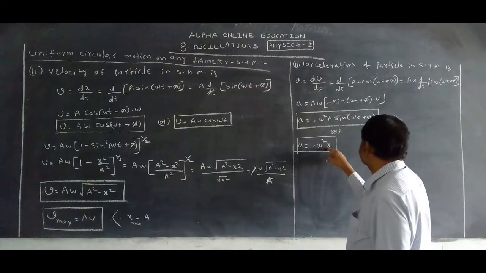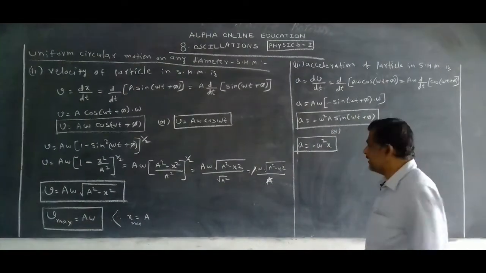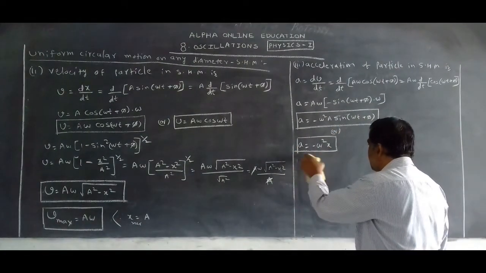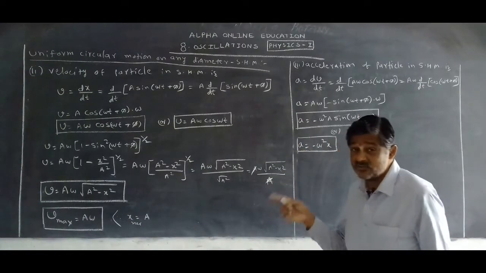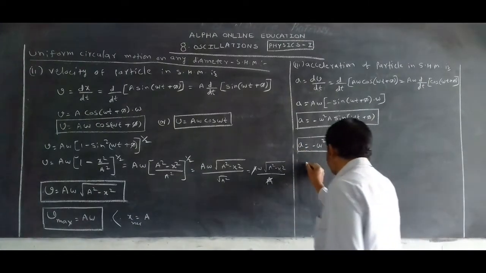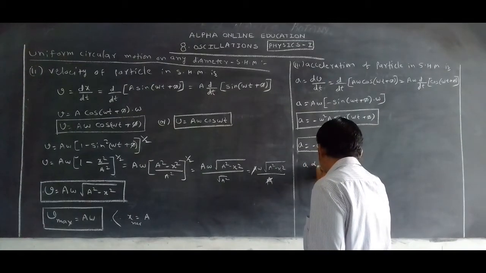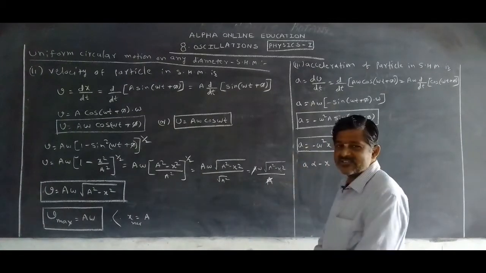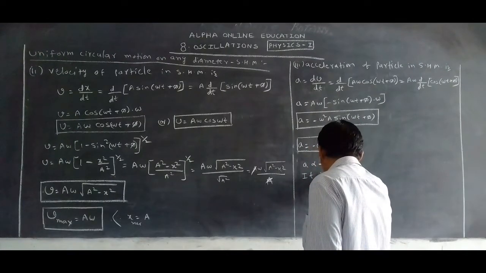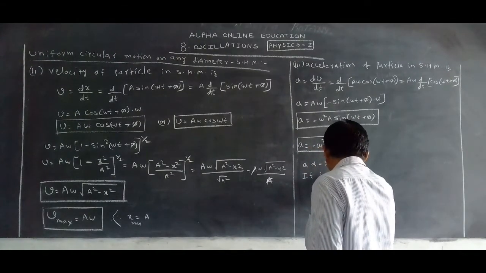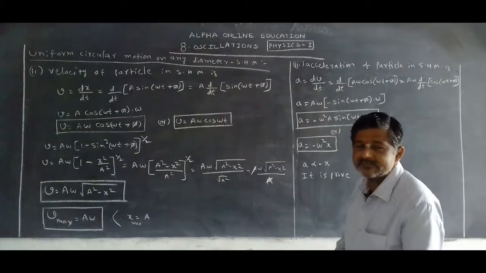Why? What is x? A sin omega t. What is omega? Angular velocity, but it is uniform. So what happened here? A is proportional to minus x. It is proved. What is proved?